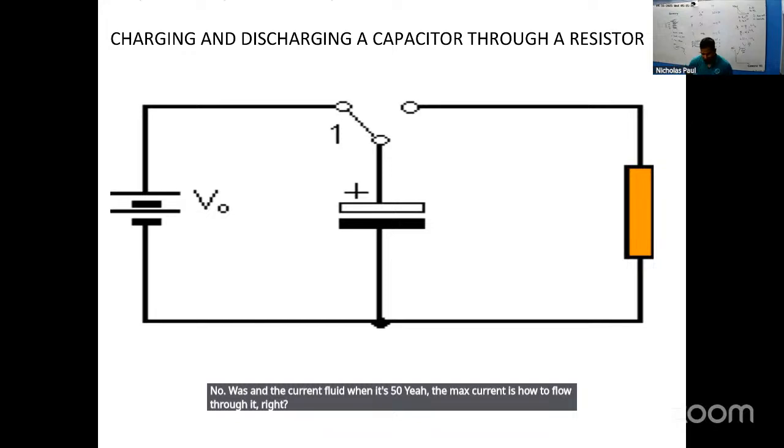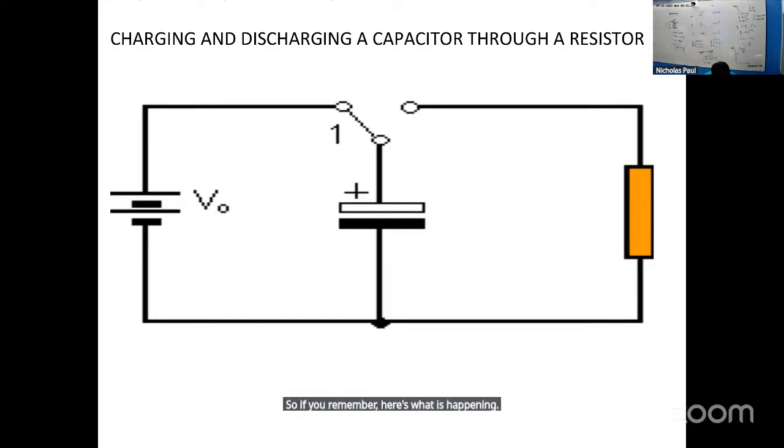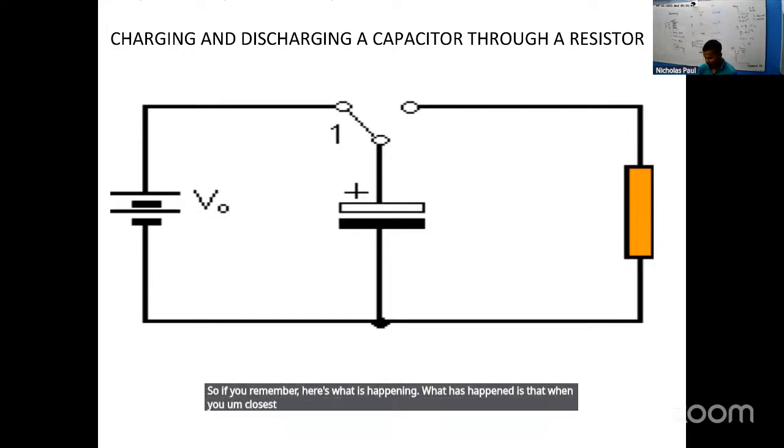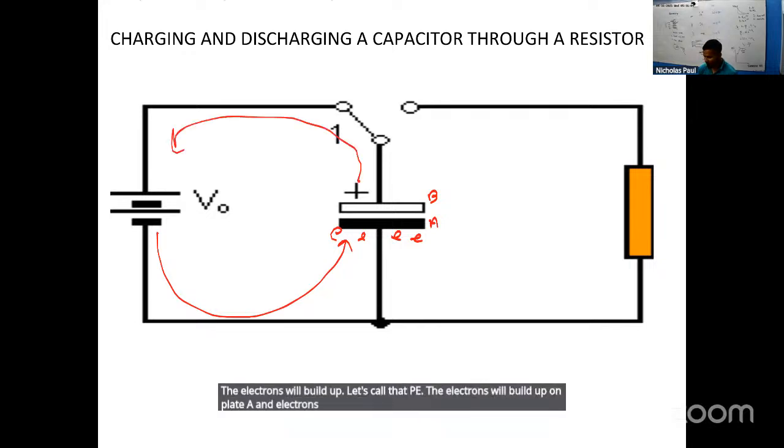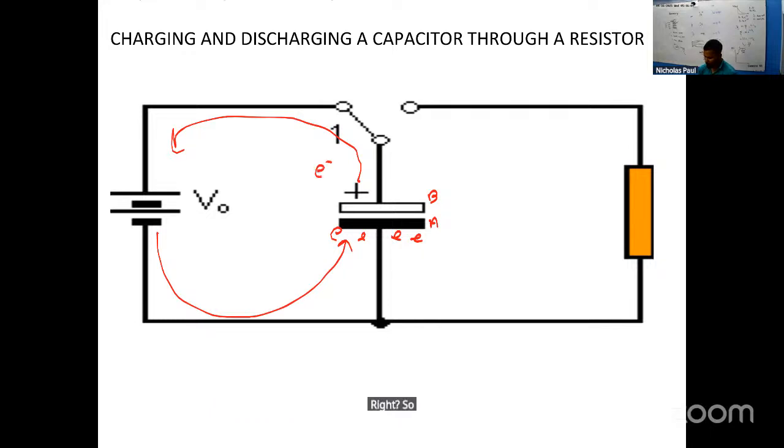What has happened is that when you close the circuit, electrons will begin to flow. The electrons will build up at plate A, and electrons conversely will leave plate B. So plate A will become negative, plate B will become positive.